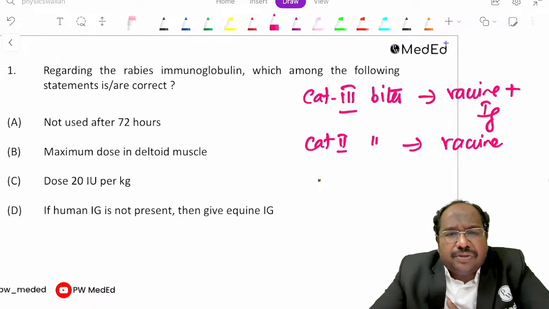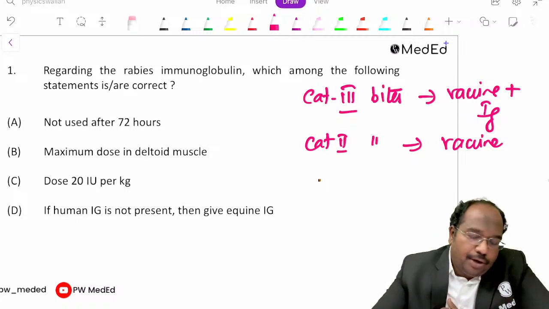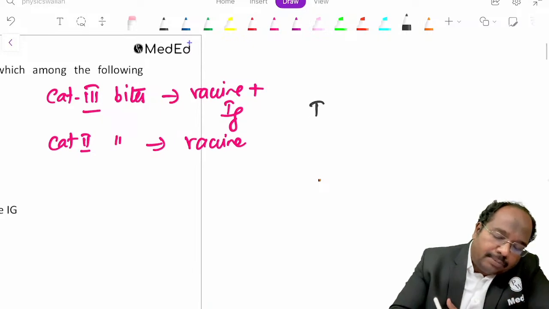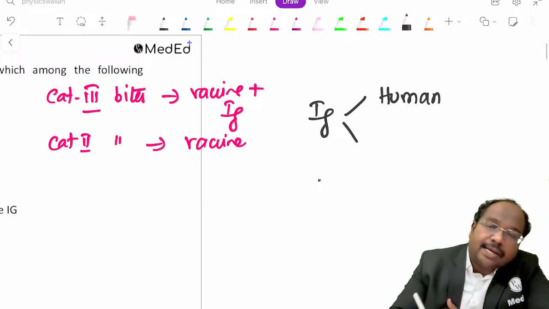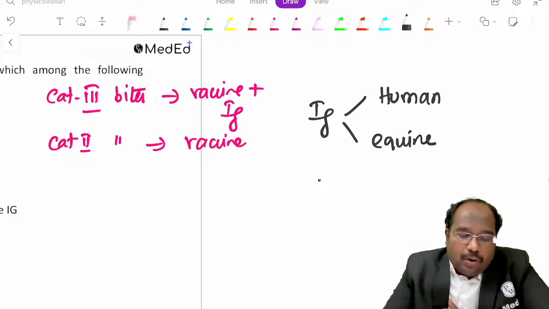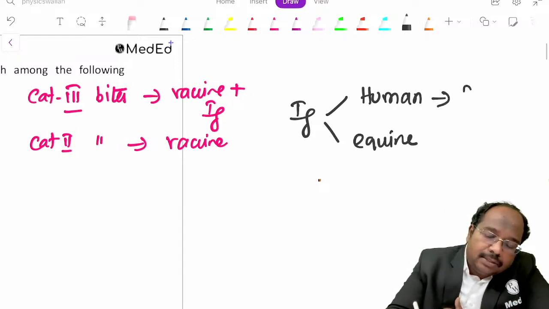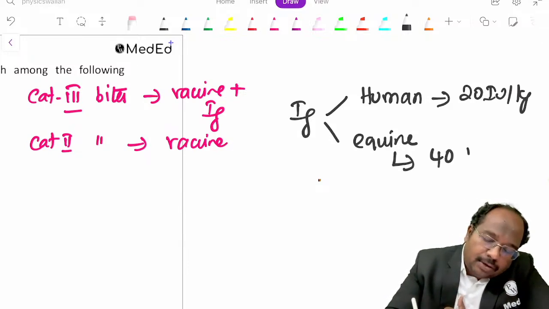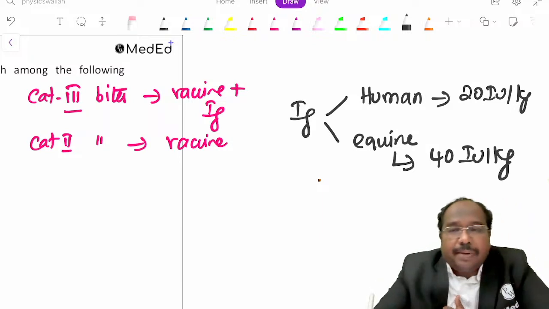First, let us see the immunoglobulins. We have 2 types available. One is human, and the second is equine, horse immunoglobulin. Human is 20 international units per kg, and equine is 40 international units per kg, based on weight.